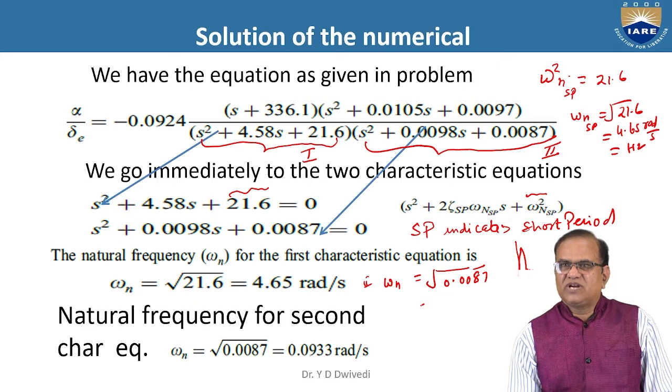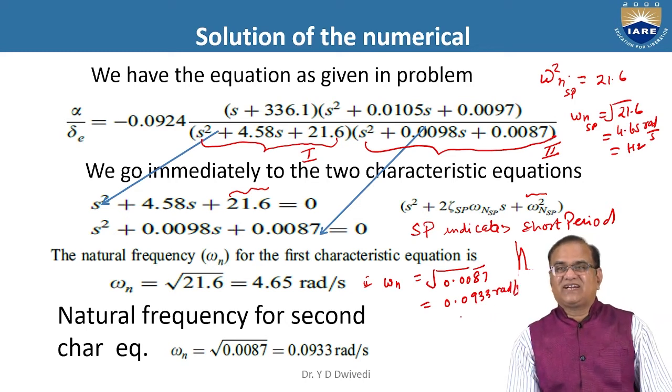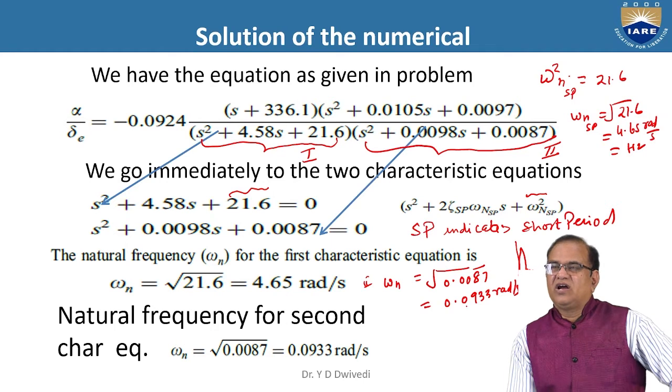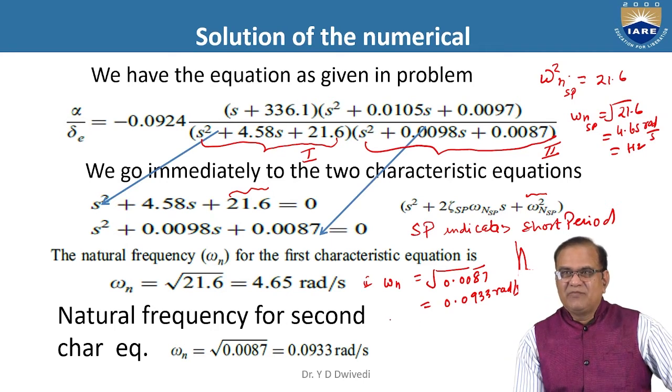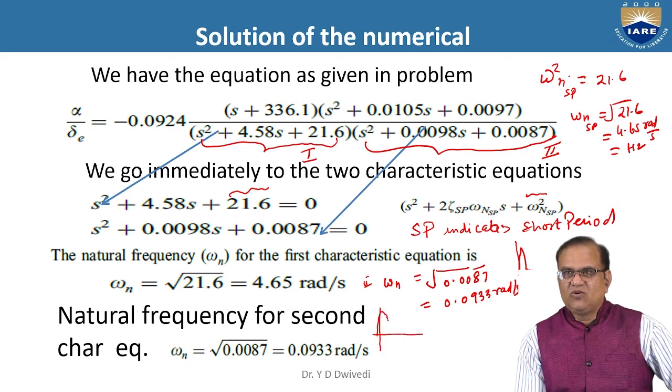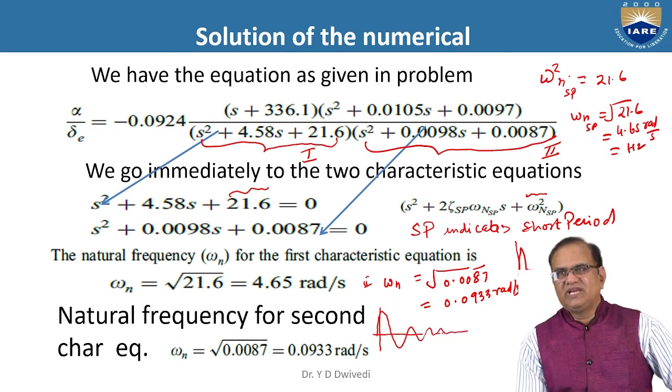So we are going to get 0.0933 radian per second. So for the second characteristic equation, the vibrations are very, very less. If we make it like this, you will go like this, like this, and then you will get the motion.